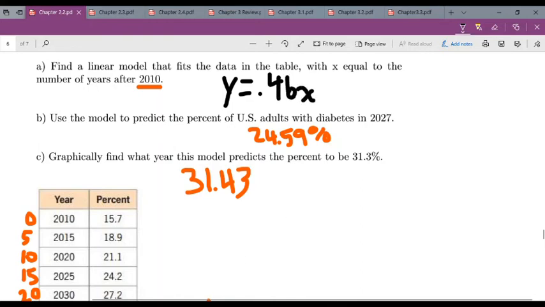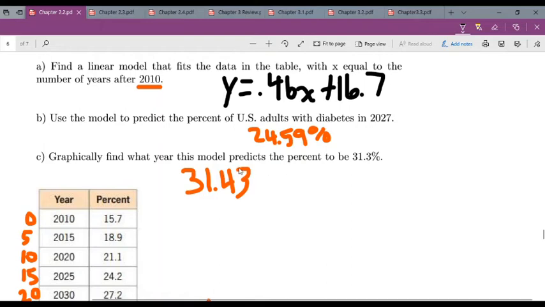And then the constant, I believe, was approximately 16.7. Okay, so there's our equation. We found the linear model approximately. We used that to predict with the calculator and came up with 24.59% for year 2027.